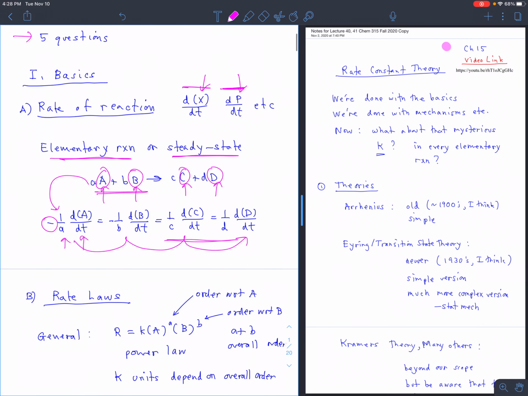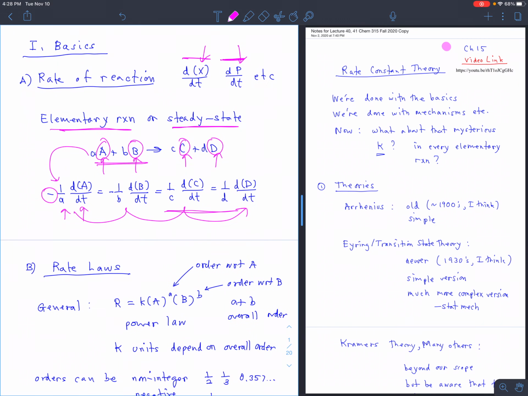Again, as we've seen since the last time we talked about this in the original lectures, the reason why this relationship applies for elementary reactions is that there are no intermediates. So every time an A molecule is lost, a B molecule is also lost, and C molecules and D molecules are created. And so obviously, given that, the rates have to be related to each other.